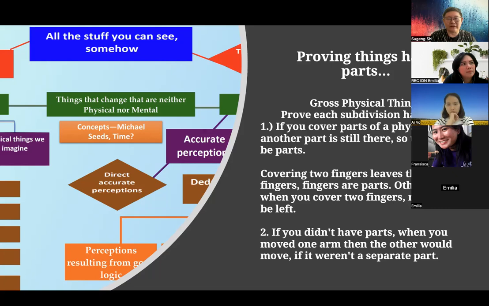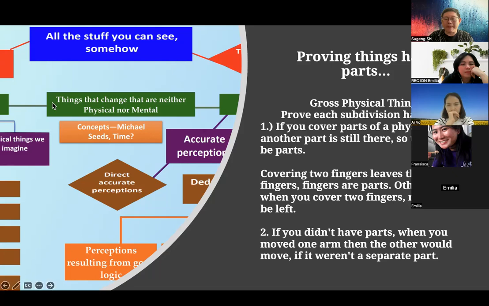Because when we say that it is whole, even when I cover some of it, the whole thing should be gone. But the fact that when I cover part of it you can still see the other part means it is not one. It is many. And if they didn't have parts, if they were one together, when we move the hand, the whole hand would move together. If they have parts, when I move one, the rest will be left behind.